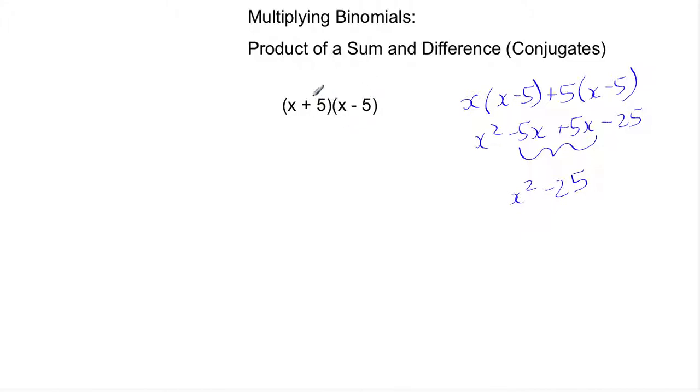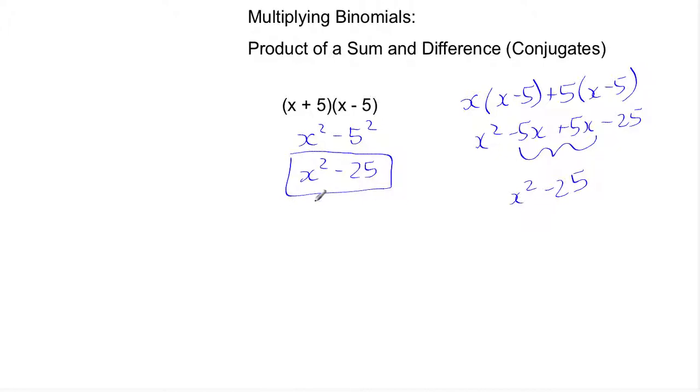Here, there's a shortcut. Whenever we see that the first term is the same, so x and x, and the second terms are opposites, meaning the sign has switched, what we can do is square the first and subtract the square of the second. So x squared minus 5 squared, just x squared minus 25.